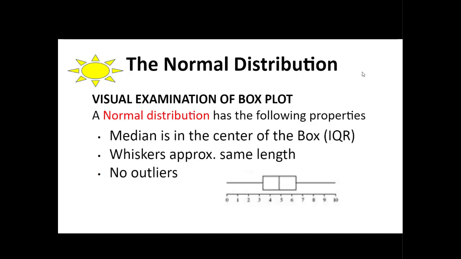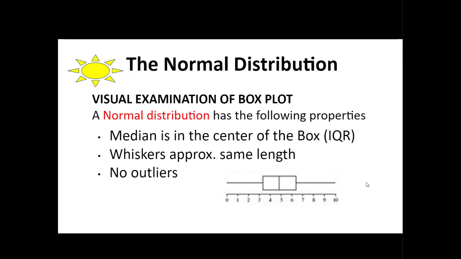In terms of the visual examination of the box plot, in order to have some evidence that the distribution is normal, the box plot should have the median approximately in the center of the box, or the IQR, or the H spread if you want to call it that. Ultimately we're looking for the median to be in the center, and the whiskers should be approximately the same length, and hopefully there are no outliers.